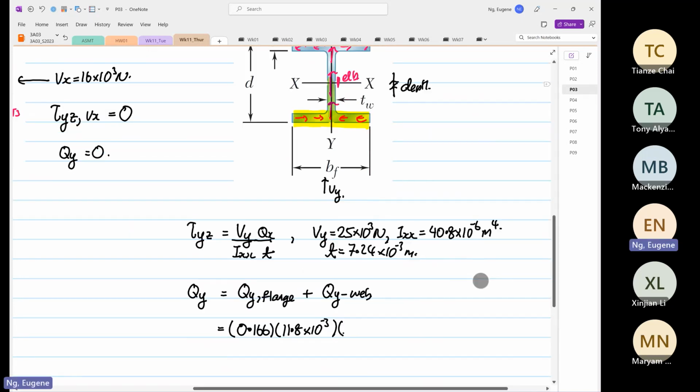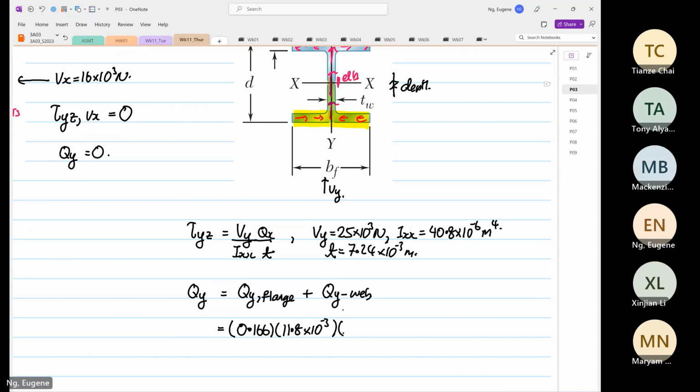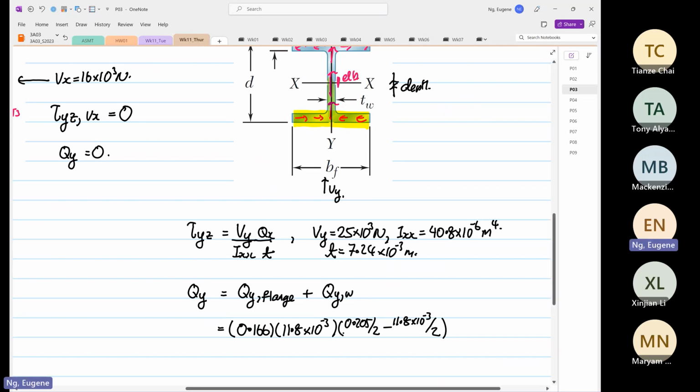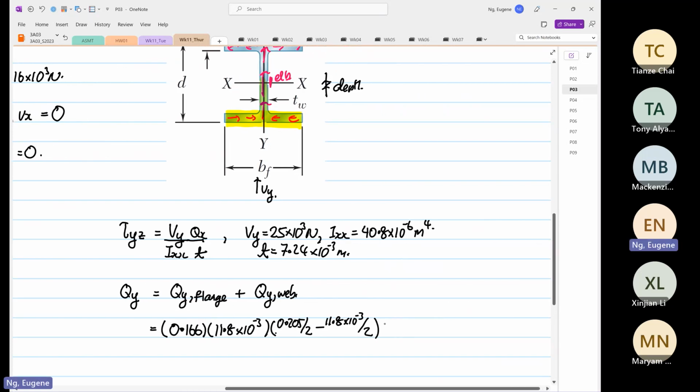And then the Y bar is D. So D is 0.205 divided by 2, and then minus 11.8 times 10 to the power minus 3 divided by 2. So that is the flange. Now web, we have to be careful.